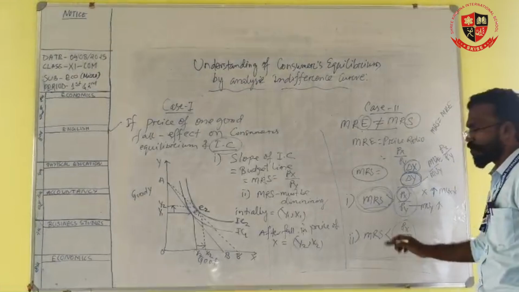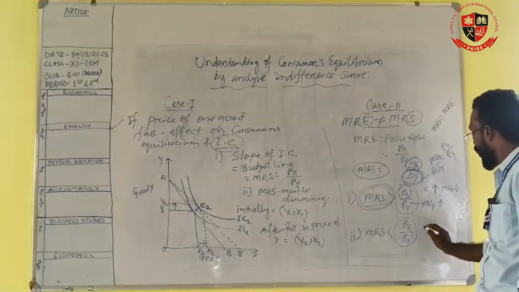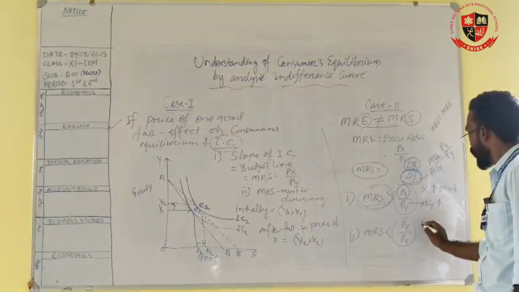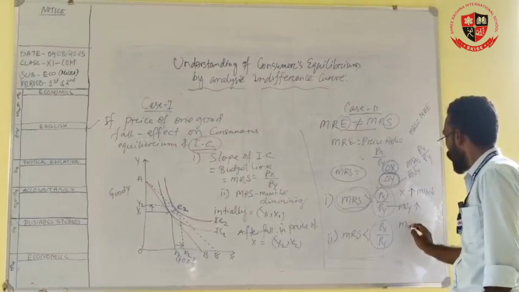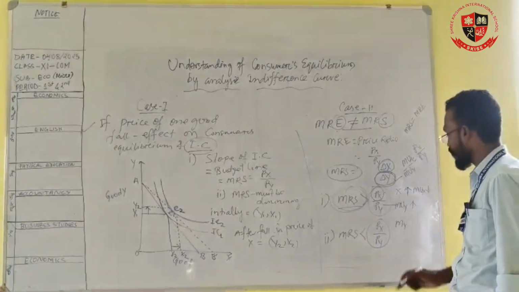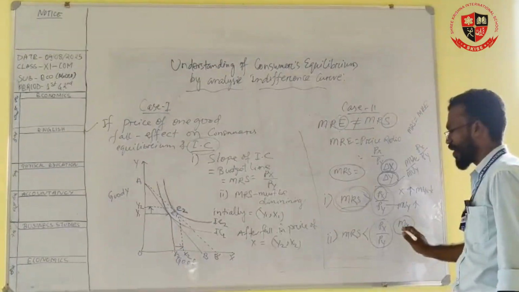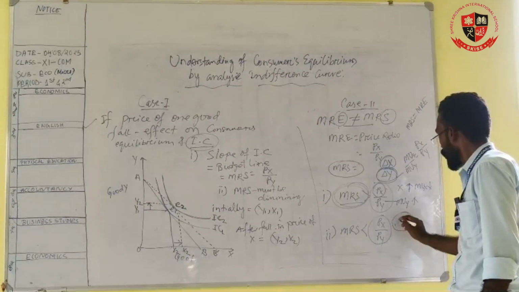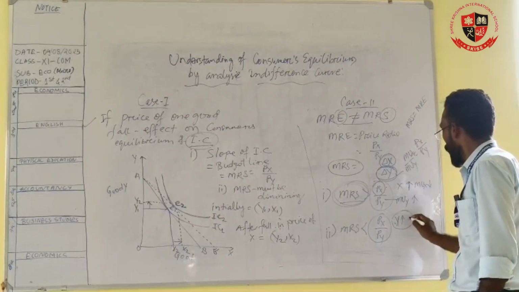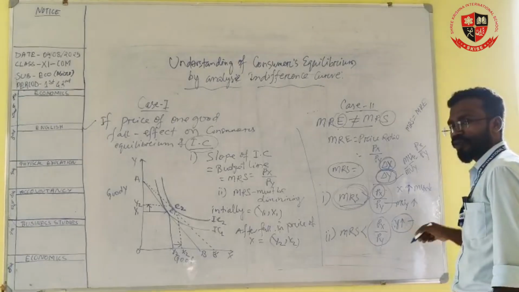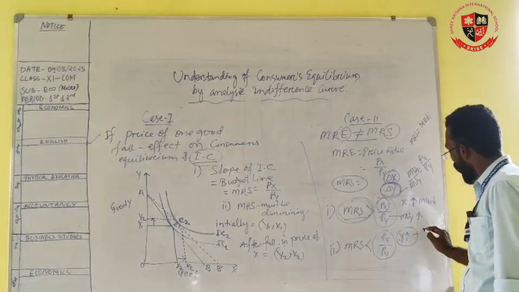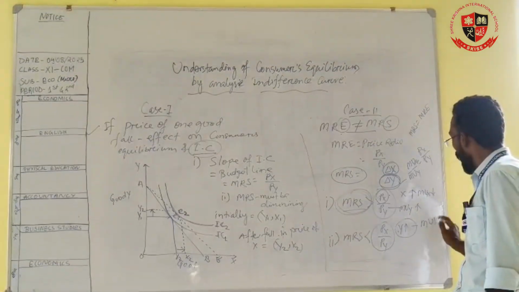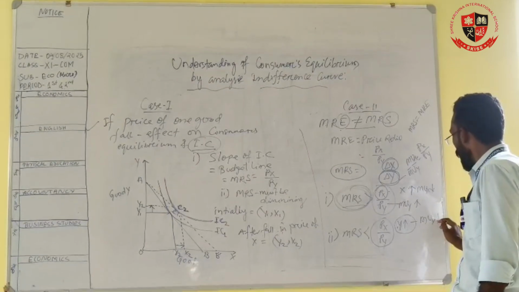In the second case, it will be reverse. The consumer will consume more of Y. When he consumes more of Y, the marginal utility of Y will decrease.